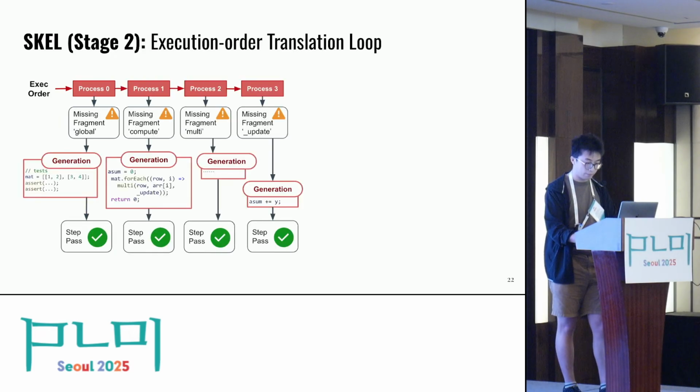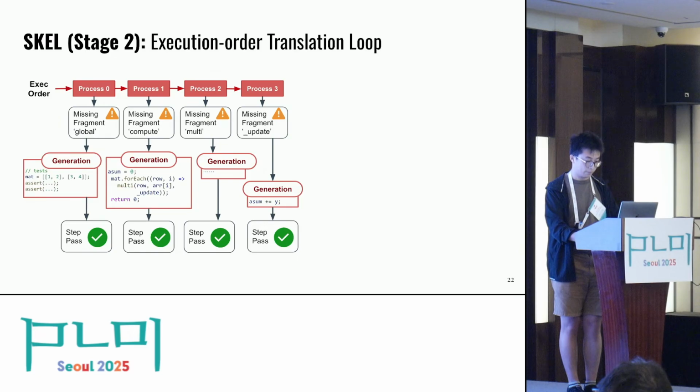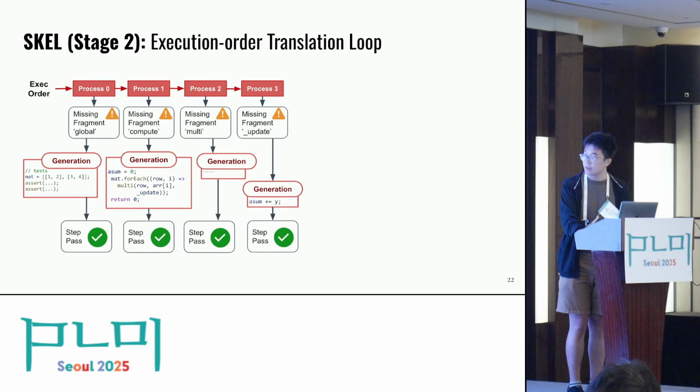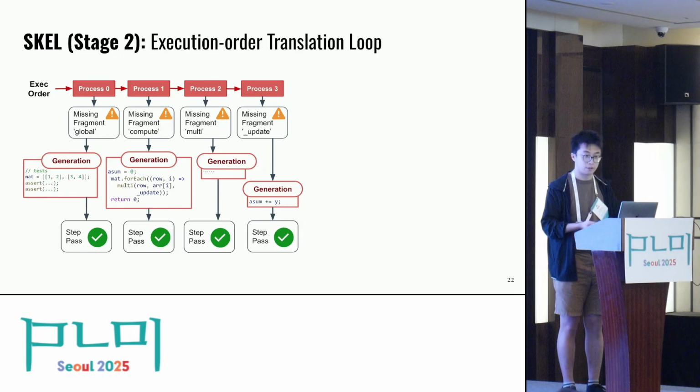At each step, we only check the result corresponding to one interaction with a single process of some code fragment. For example, if the check passes, it means that the fragment at that execution step produces the expected outcome, and we continue with the next execution step.